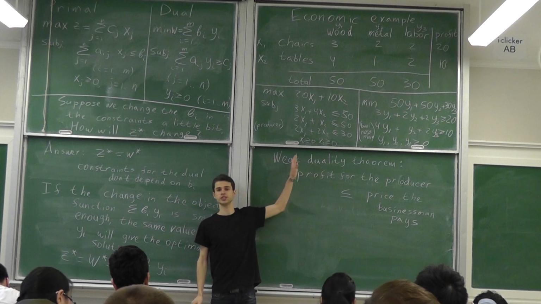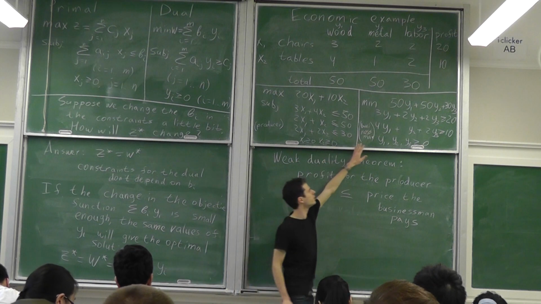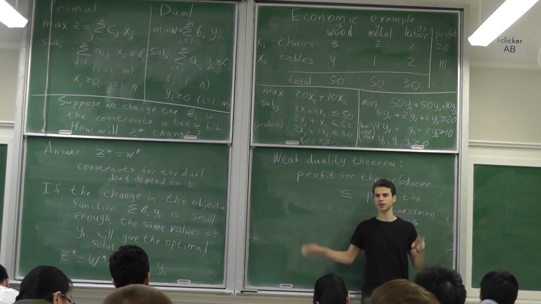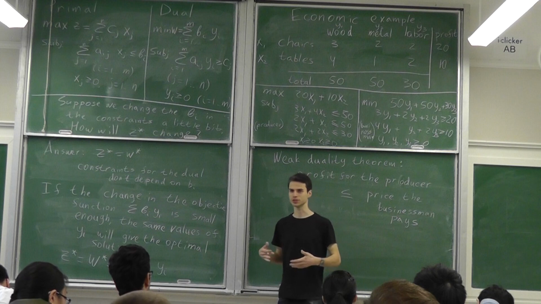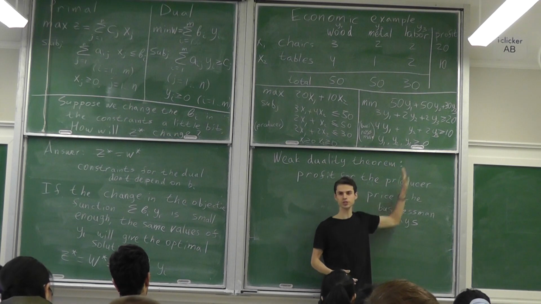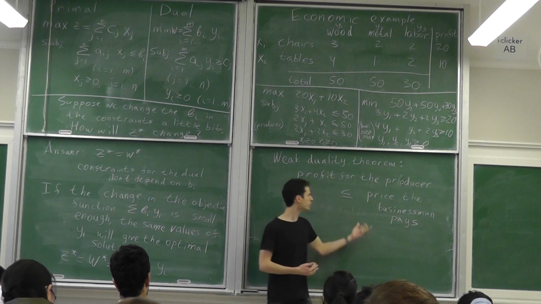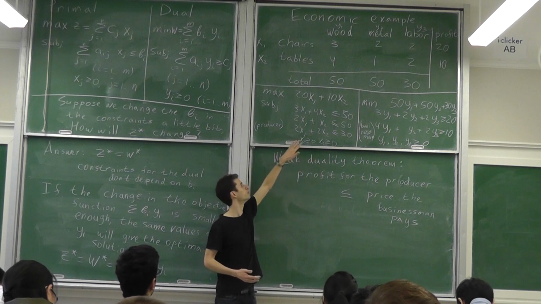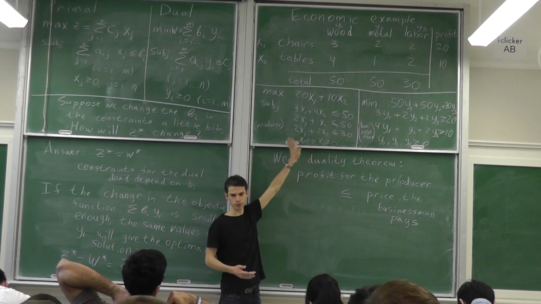So that's our big duality theorem. It tells you if you formulated these constraints using our fairness conditions, using this kind of duality, the price that will be offered to you will always be larger than the profit that you will derive from any schedule of production, including the optimal one.